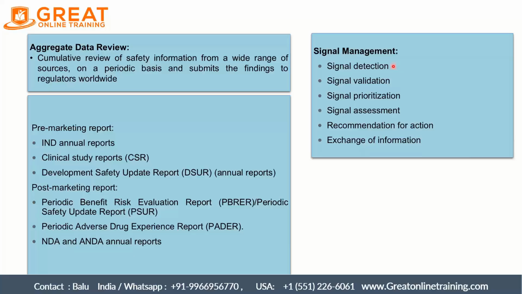Once we provide that information, the signal detection team will look at the adverse reaction data for patterns, and if any new safety information is identified, it will be taken care of by the signal detection team. And the next is signal validation.